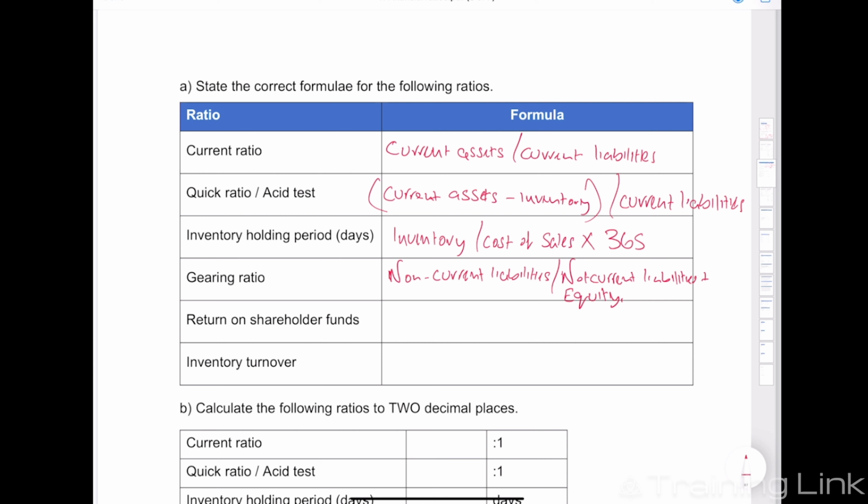Return on shareholder funds then is simply the profit after tax divided by total equity. And then lastly, inventory turnover is cost of sales over inventories.